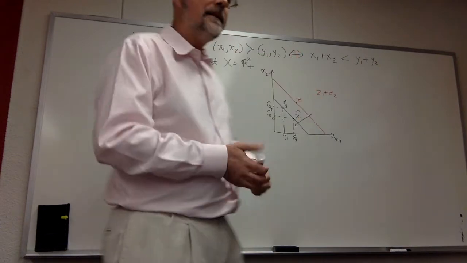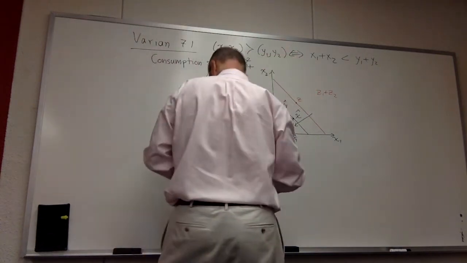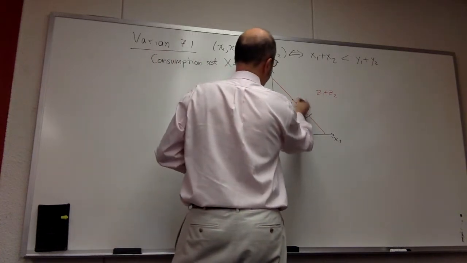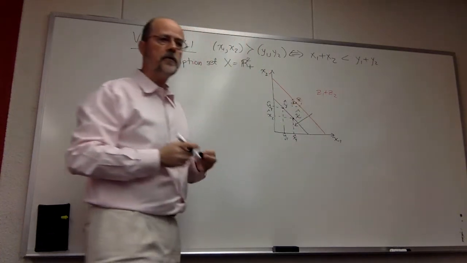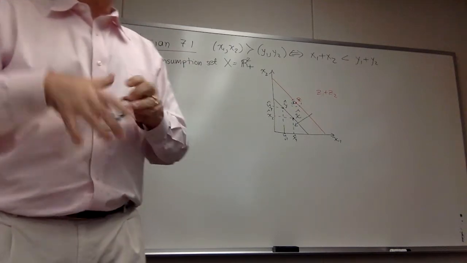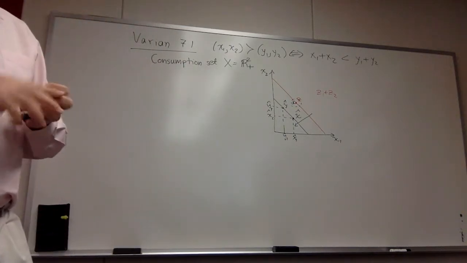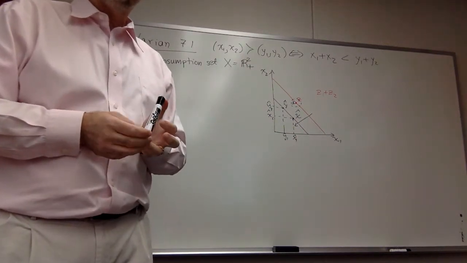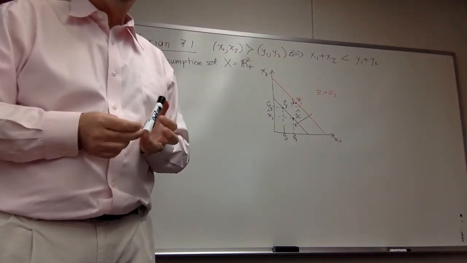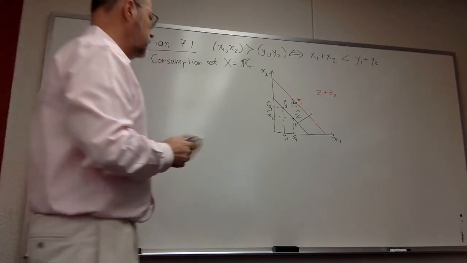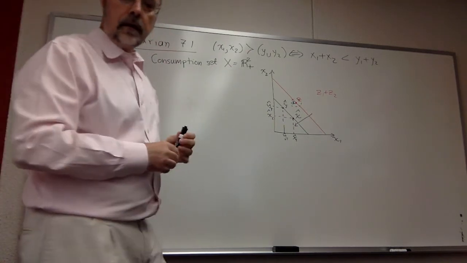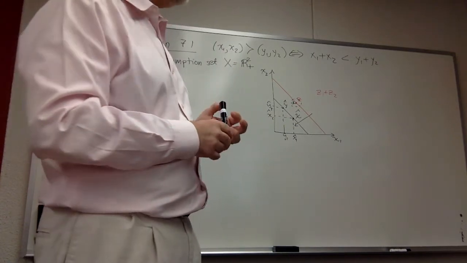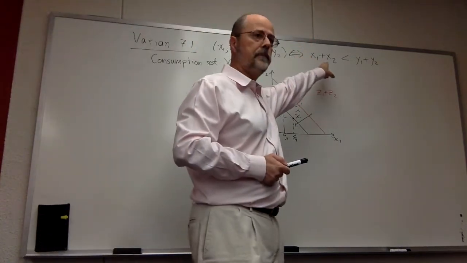Yeah? So let's take Z, since we have it. Suppose I get an epsilon distance and I draw an open ball, in this case disk, of radius epsilon around Z. Yeah? Can I find, within that, a bundle that is preferred to Z, according to what they told me?